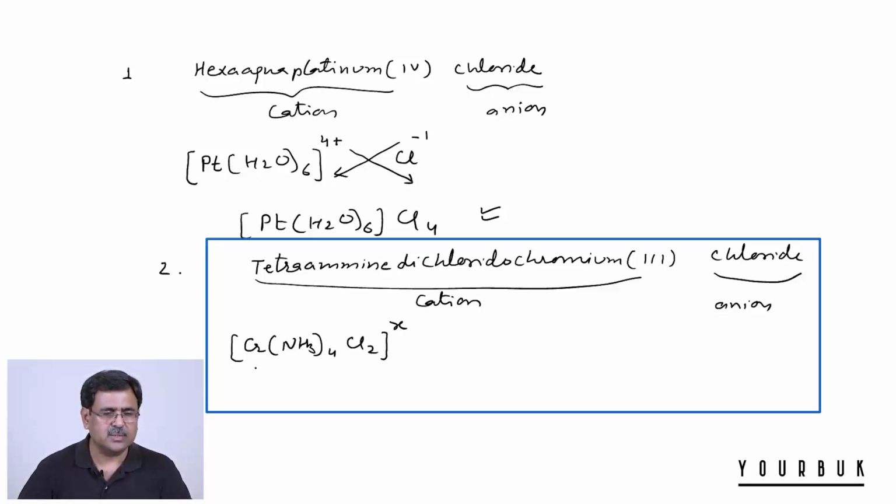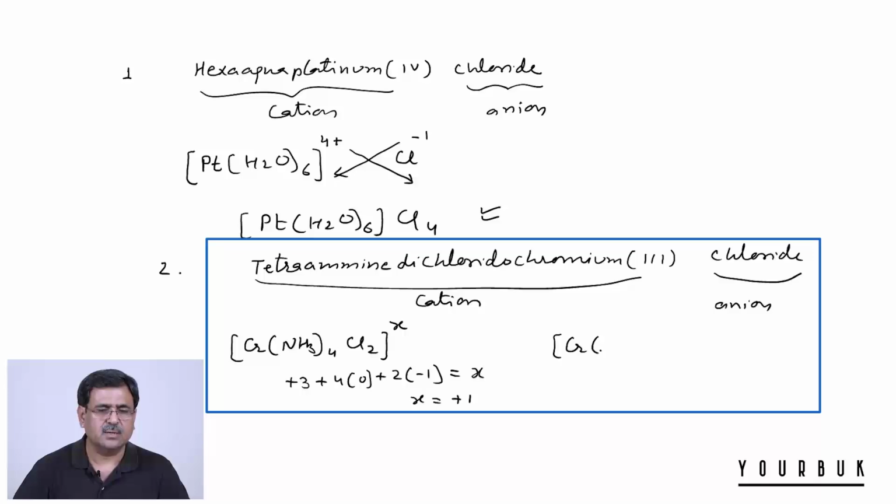Now chromium oxidation state is given, it's a +3, ammonia is neutral, so it is 0, and chlorine carries a charge of -1, so it is 2 into -1 equals X. So X is equal to +1, it means charge on the complex is +1. So my cationic part is Cr NH3 whole 4 Cl2 carrying a charge of +1, and the anion is Cl negative.